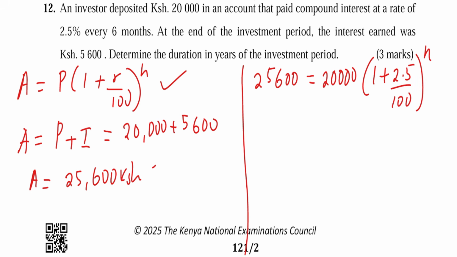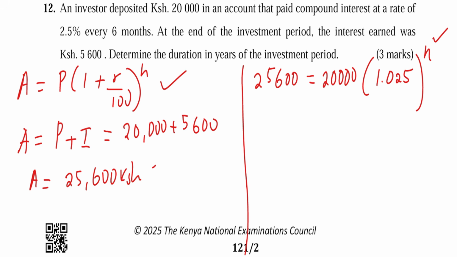But remember, the n is representing the periods, not the years. So we need to search for the number of periods. First things first, 1 plus 2.5 divided by 100: 2.5 over 100 is written as 0.025. So it becomes 1 plus 0.025, which is 1.025.